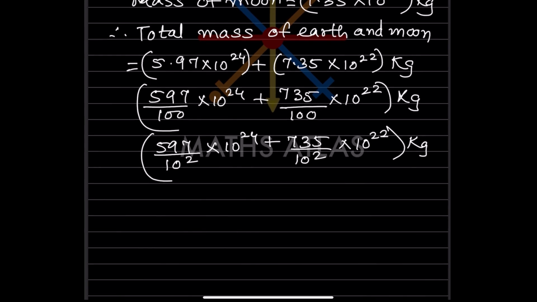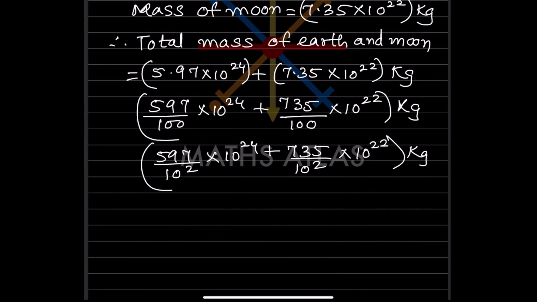So now what we can do here, so 597 into, now let us see this part. So that is going to be 24 minus 2, that is going to be 10 raised to 22. So 10 raised to 22. And one more thing we can do here. Now this is 10 raised to 22. So we can do one thing.